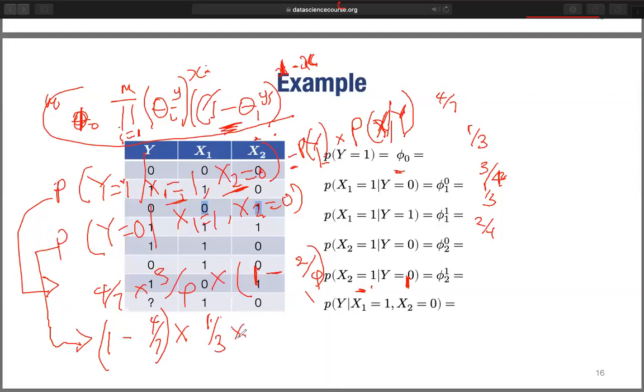Then the probability of y is equal to 0 given x1 is equal to 0, x2 is equal to 0. So what do we have as that? Okay. So that's it.